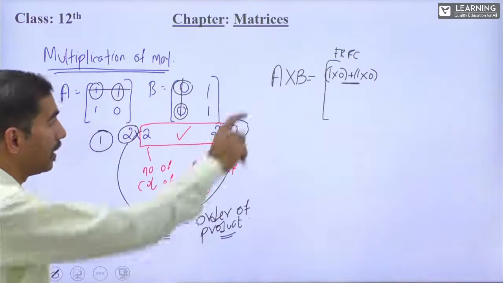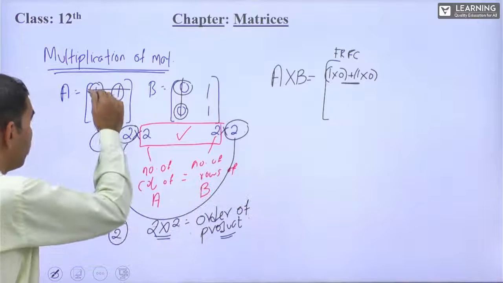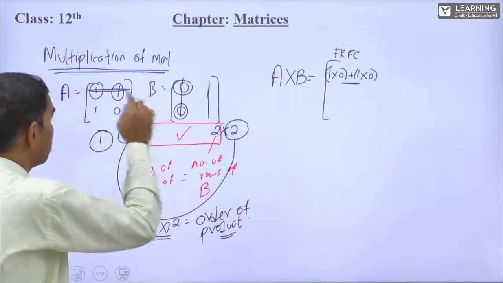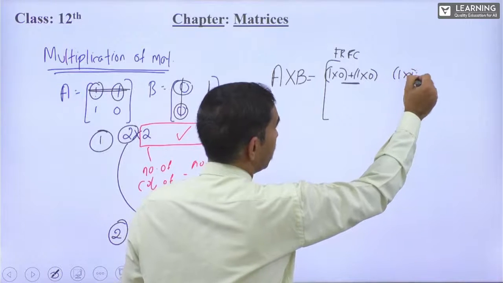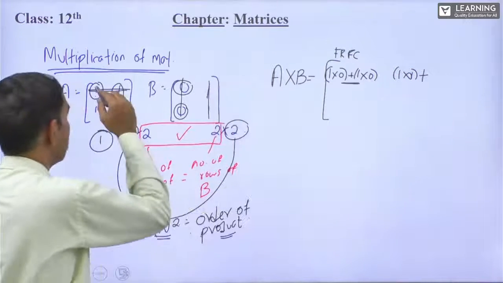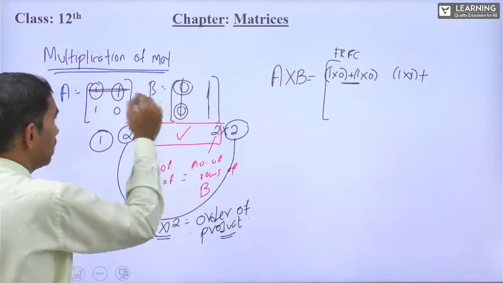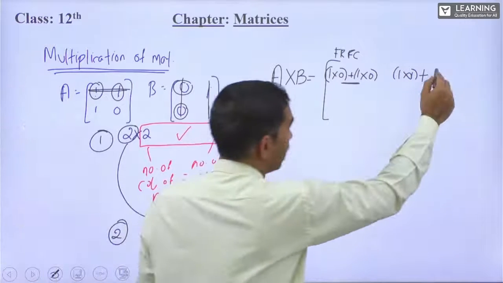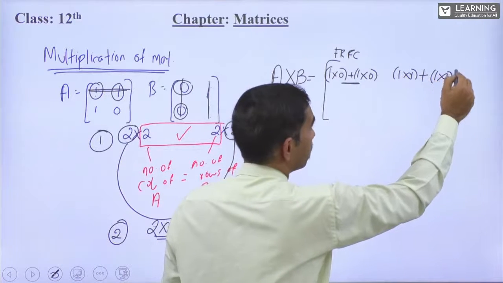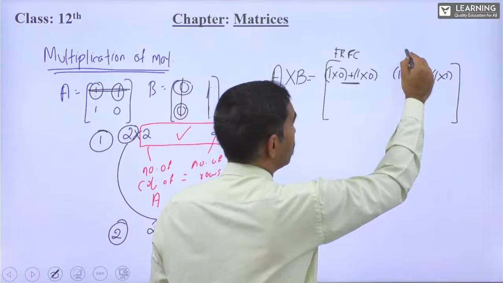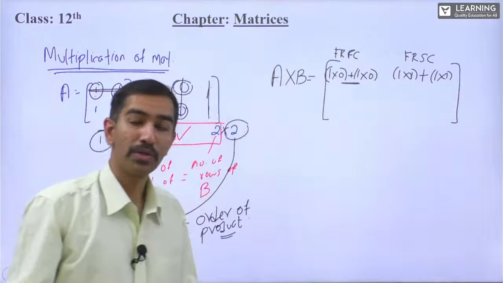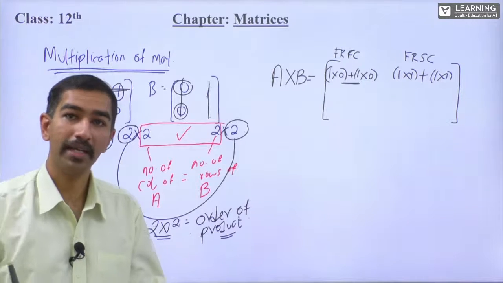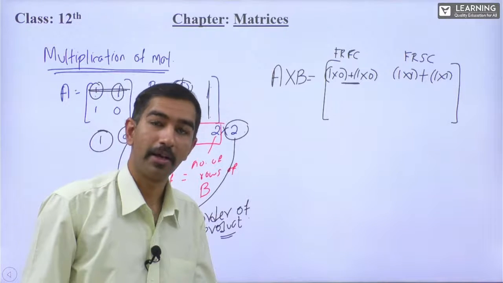Okay, next you see. How to get the second element? First row, second column. 1 into 1 plus this into this, again 1 into 1. How did we get it, students? First row, second column. So first row, second column is giving us the second element in the product of matrices.